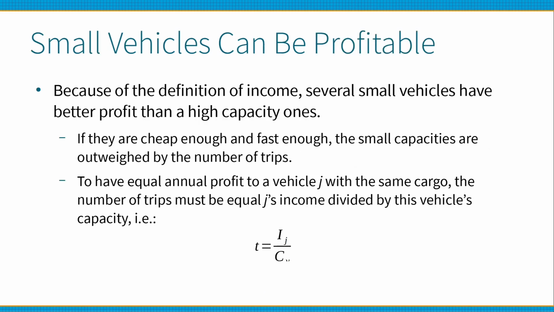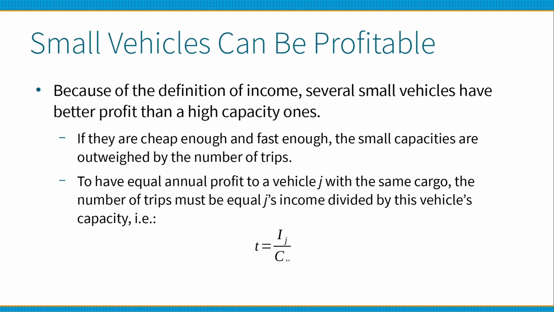And it sort of goes without saying that we can actually figure out how many trips need to be taken in order to account for this. If we use just a little bit of algebra, then we can also take the income of the larger vehicle, divide by the capacity of this vehicle, and get something proportional to the number of trips that need to be taken.